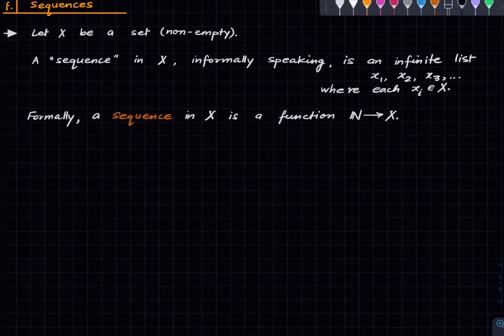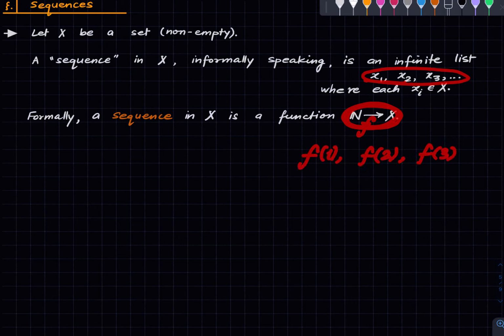And let us correlate this definition with what we just learned. So if we are given such a thing, we can create such a thing. Let's say this is F. Then what you can do is just list out the images of F in sequence, meaning F1, F2, F3, just create this infinite list, and that looks like this thing.